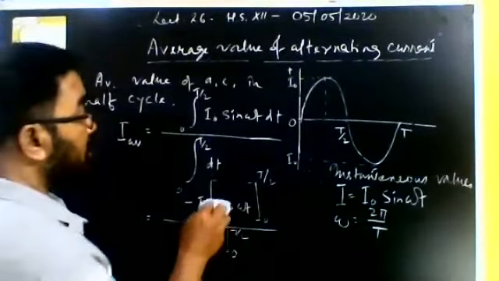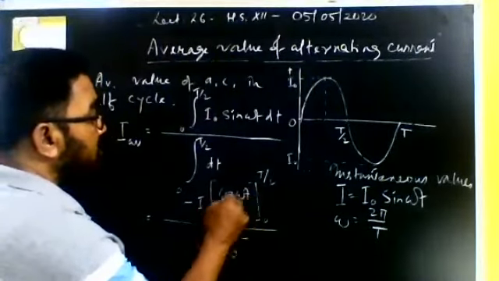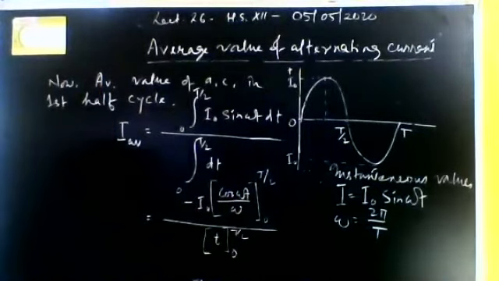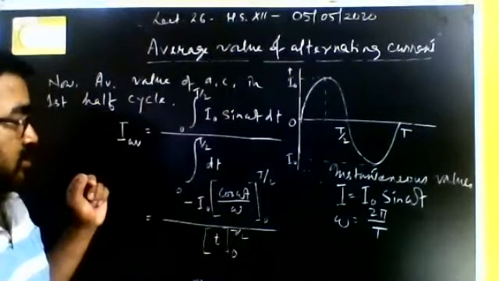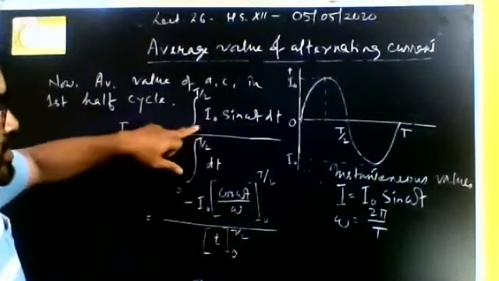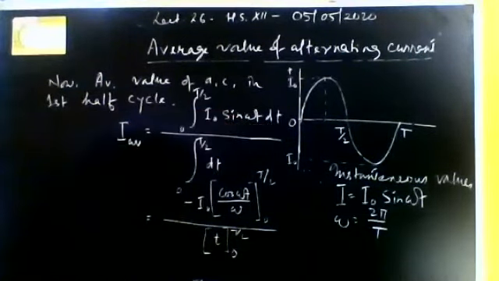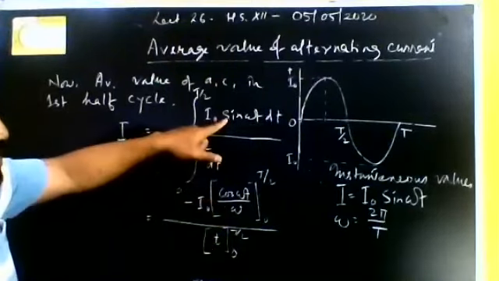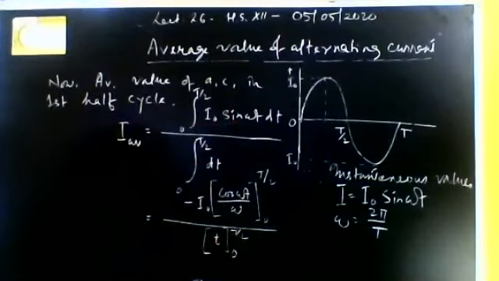You have to divide cos omega t by omega because you are integrating with respect to t. Omega is a constant, so the integration of sin omega t is minus cos omega t by omega, right?